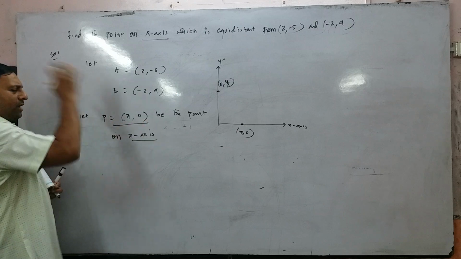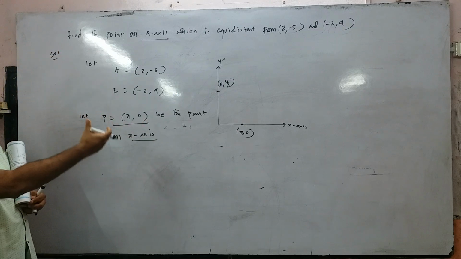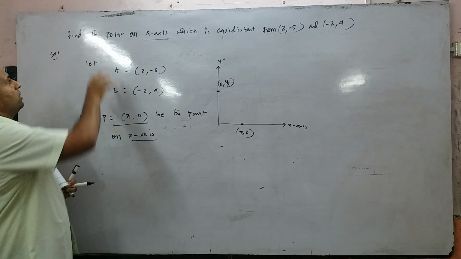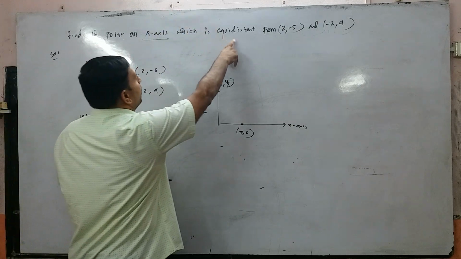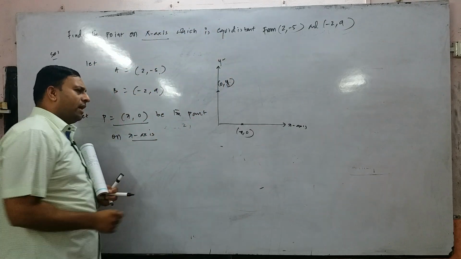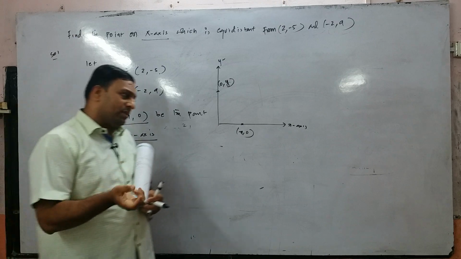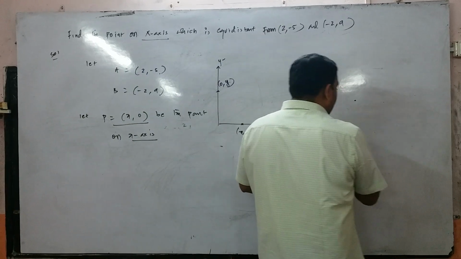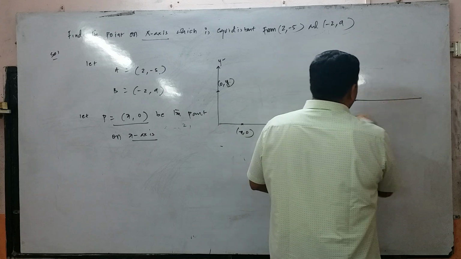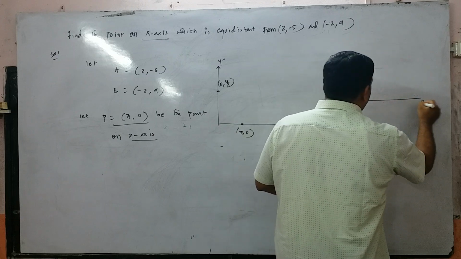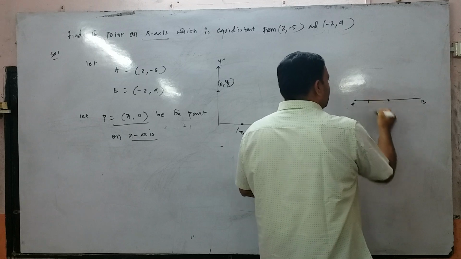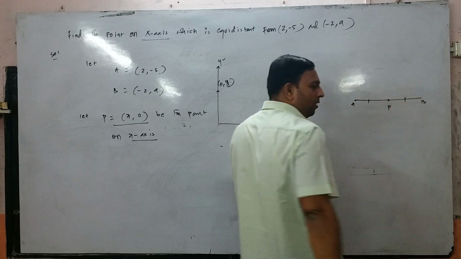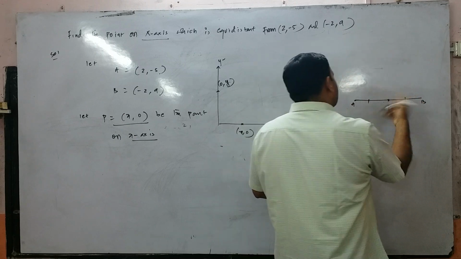Now we have assumed a point. Now we have to find out the condition. Read the question. Find the point on the x-axis which is equidistant. Now here many students will make a mistake. Equidistant does not necessarily mean the midpoint. Right? There is point A, this is point B. This distance is equal to this distance. So this is midpoint as well as equidistant.